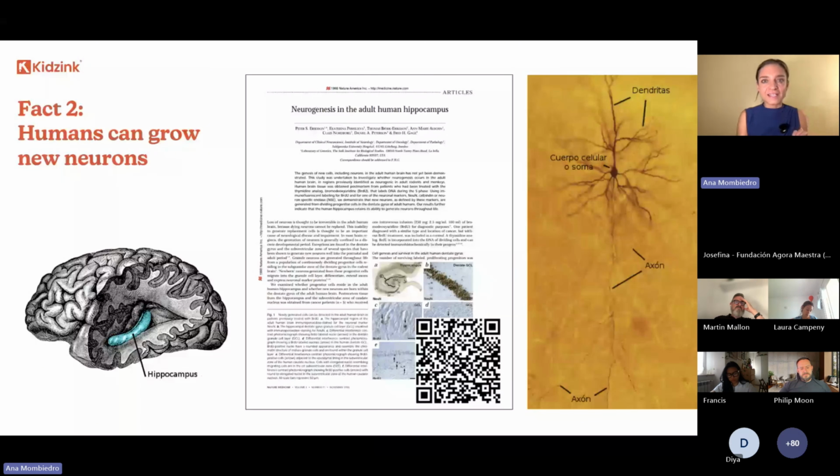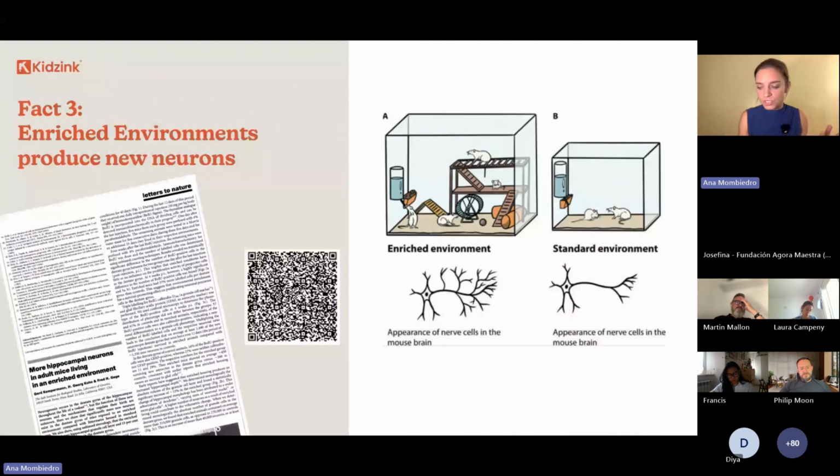And then the third fact, and this one is the most important one, is that enriched environments are the ones that produce new neurons. It's been very deeply studied in mice, the difference between a standard environment and an enriched environment.